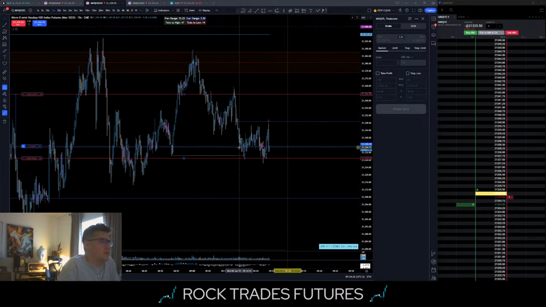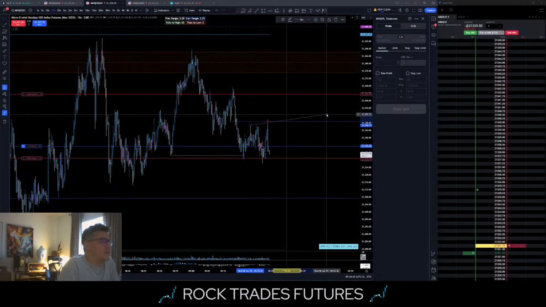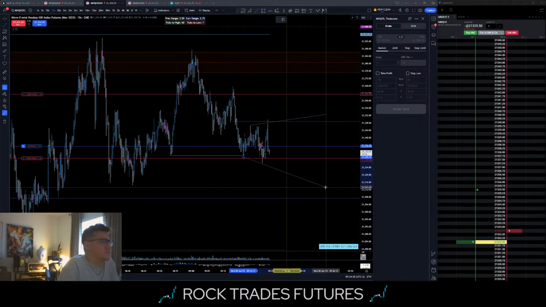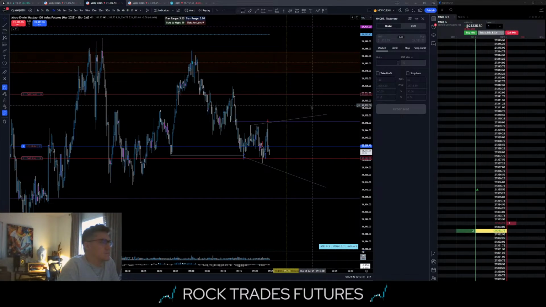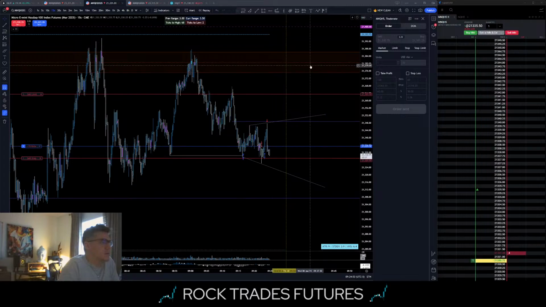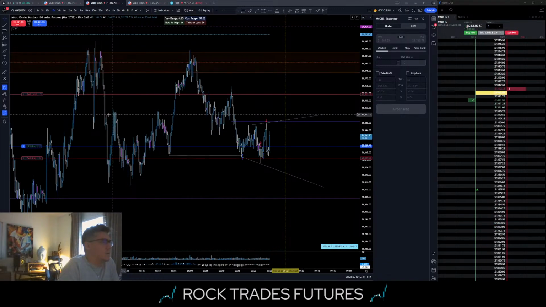This definitely looks like it's gonna chop around here though. So we have a broadening formation. But this is a free trade at this point to see, and I will be ready to enter long again below here if price doesn't want to push back up.